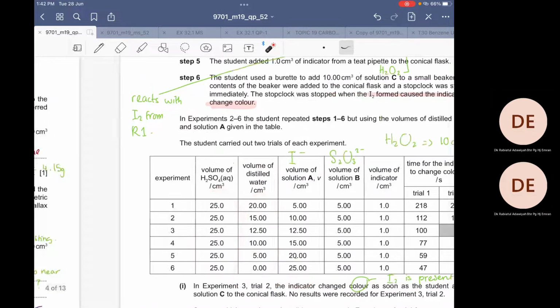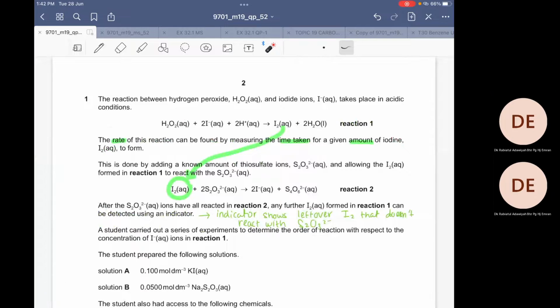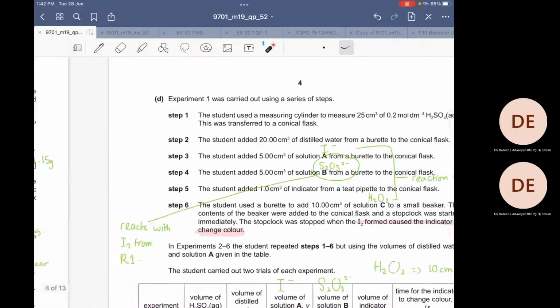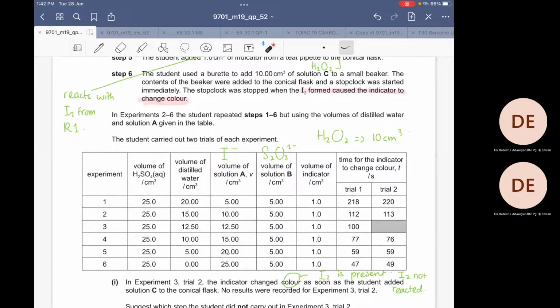Earlier, it mentioned we are monitoring the rate against the amounts of iodine, so you would expect only iodine to be changed. If you change a few things here, then you wouldn't be monitoring the change in iodine.